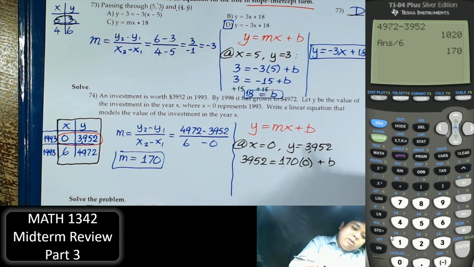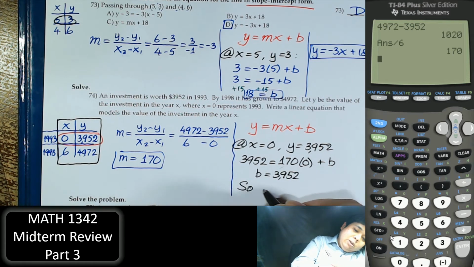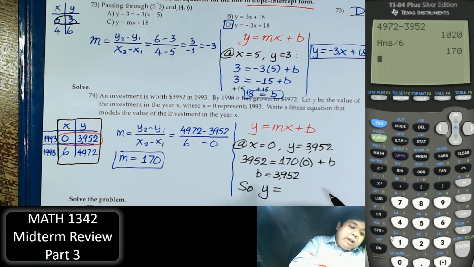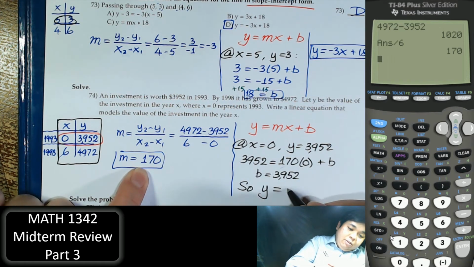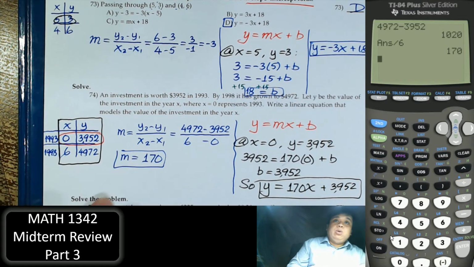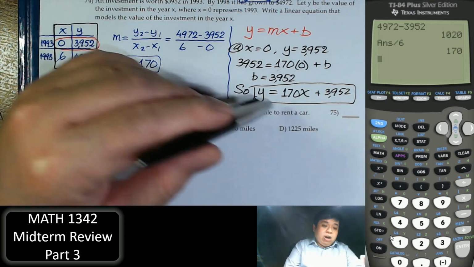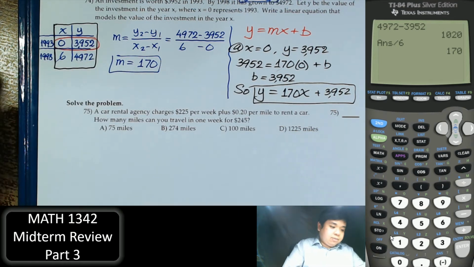So anything times 0 is 0. So b is 3952. So the equation is y equal to m, 170x, plus b is 3952. Right. So make sure we know how to do this. Where we have a pair of points, then we'll be able to find the equation of the line.